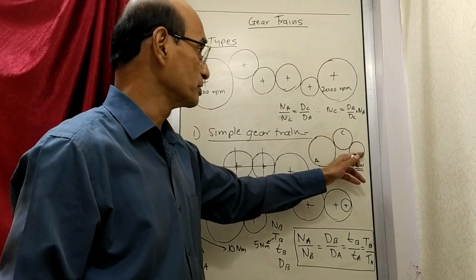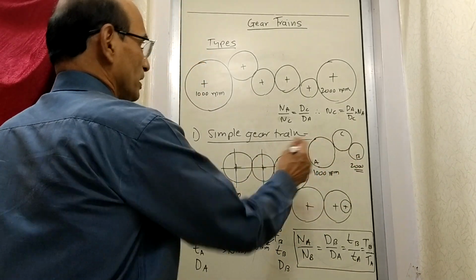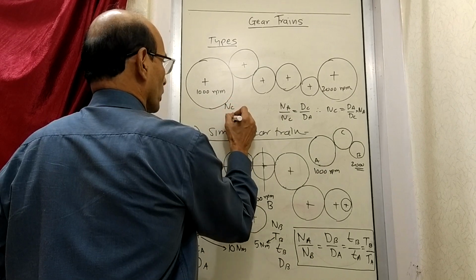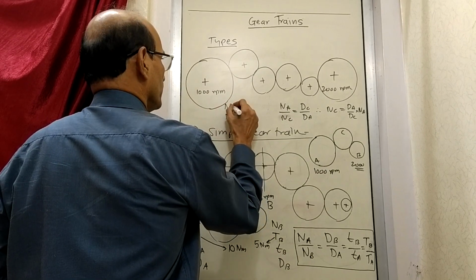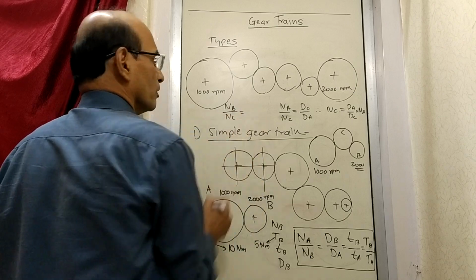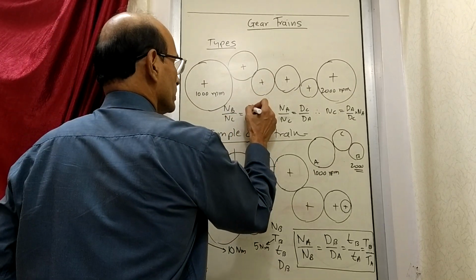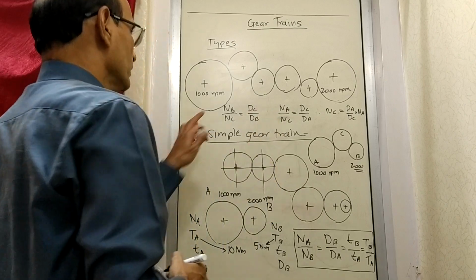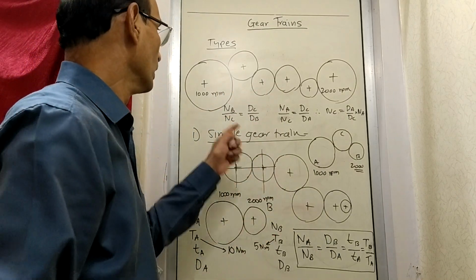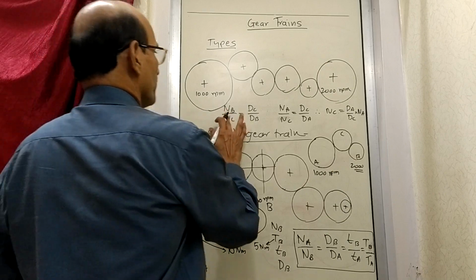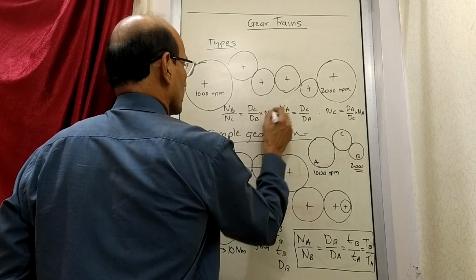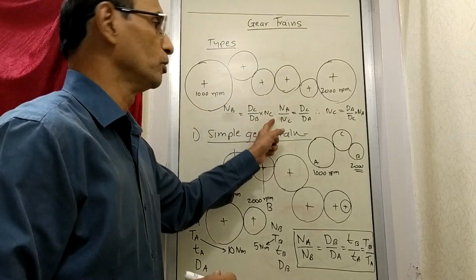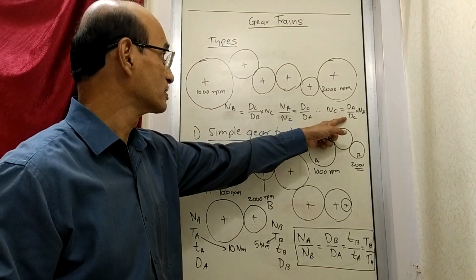Now let us go from C to B. So now we'll write the ratio for this: NB upon NC is equal to dC upon dB. Opposite, reciprocal. So what is going to be the speed of B? Speed of B is dC upon dB into NC. But what is NC? NC is this.